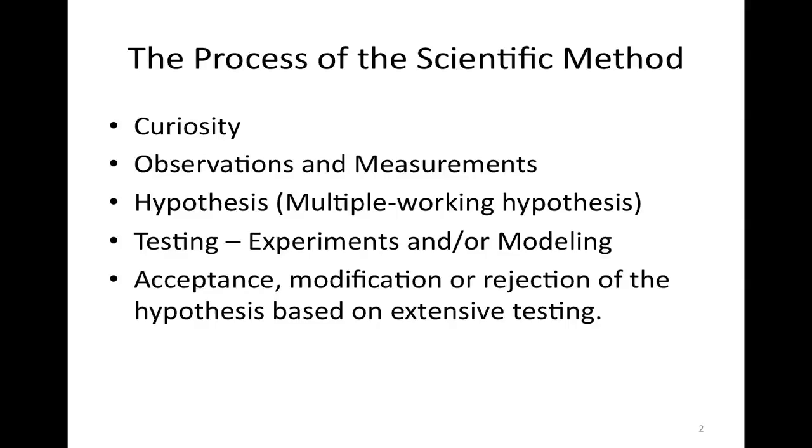So you start to do observations and measurements, and that can differ entirely by discipline. Scientists in the earth sciences will be more outside garnering this data, mostly because that's the nature of the beast, so to speak.